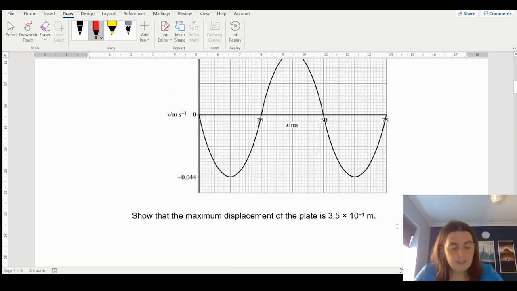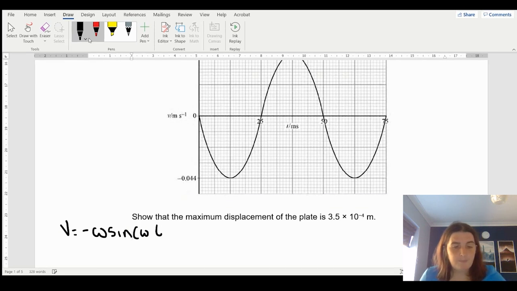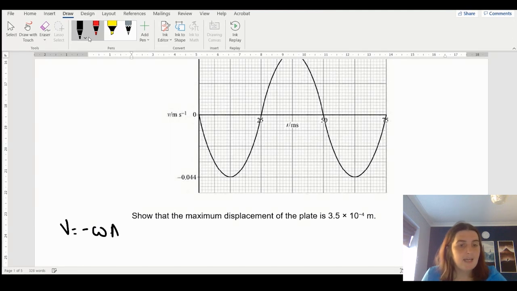So this one, I know Vmax, and I'm going to be using the graph here. Now this kind of thing comes up a lot in paper 2 as well, with EMF is BAN omega sine omega t. So the relationship of this graph is actually V equals minus omega A sine omega t.